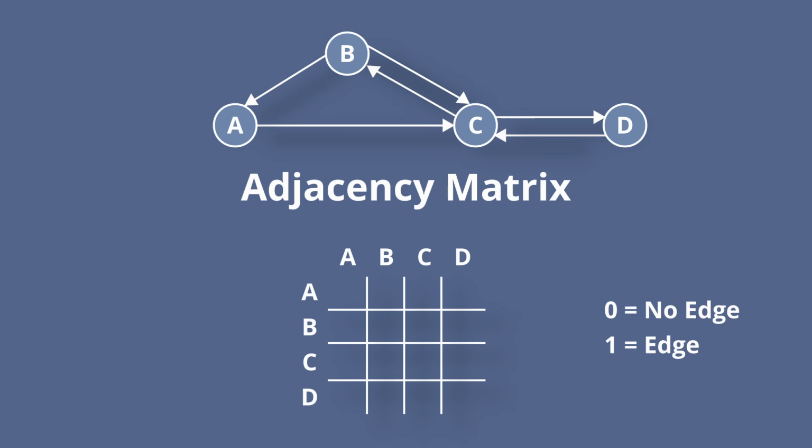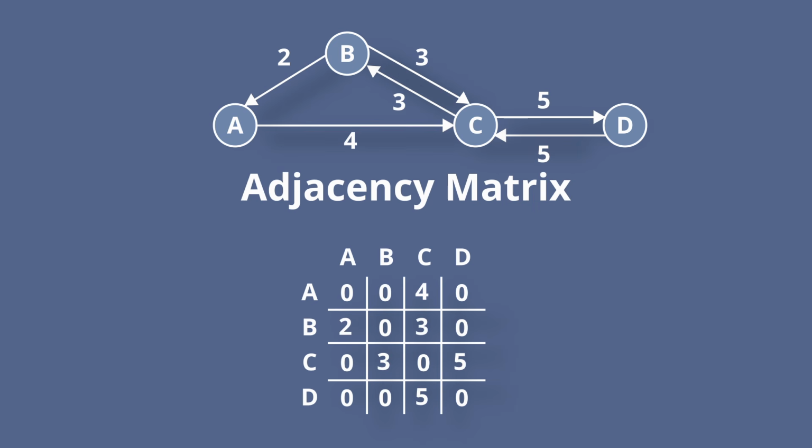For instance, for this unweighted directed graph, we put a 1 in row A column C, a 1 in row B column A, a 1 in row B column C, a 1 in row C column B, a 1 in row C column D, a 1 in row D column C, and fill the rest with zeros. If our graph was weighted, then we can simply replace the ones with the weight of the edges like so.